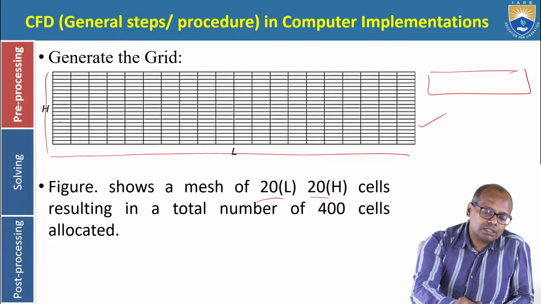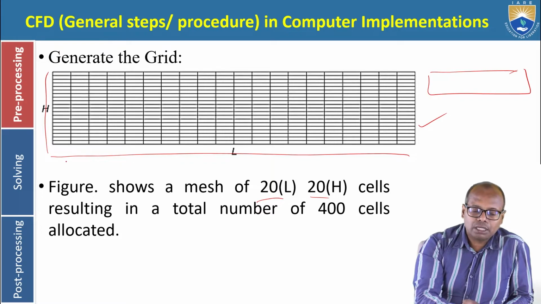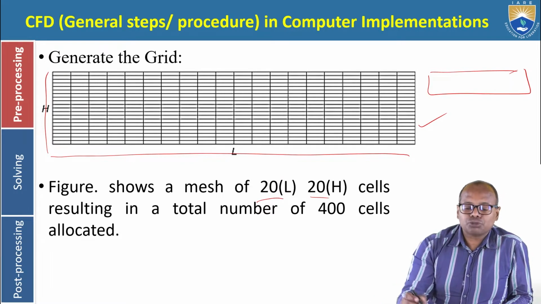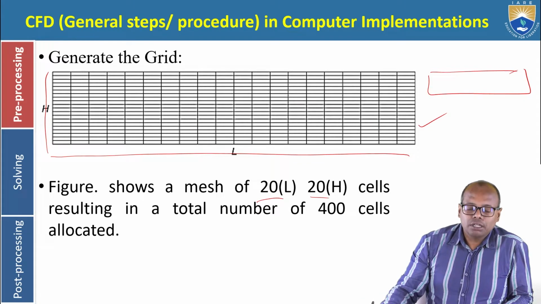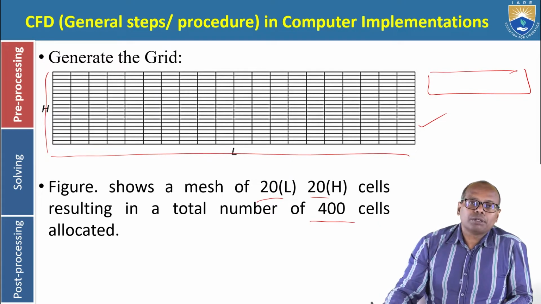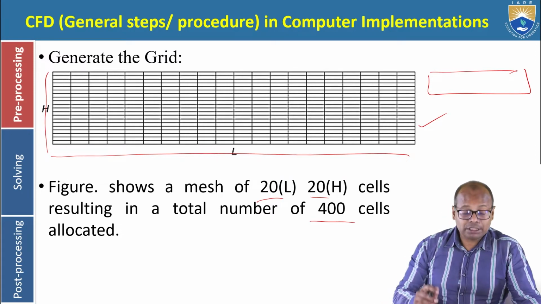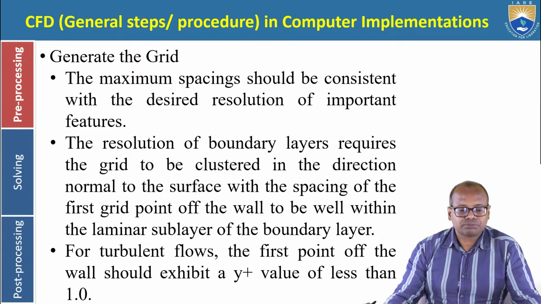Here the distance is small, so we got small pieces, and here I have longer distances, and so I have longer pieces. So the total number of cells I obtained is 400 cells for this flow between two parallel plates domain. This is an example for the structured grid.